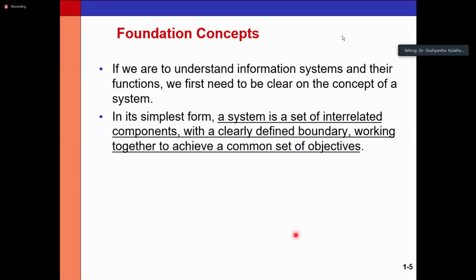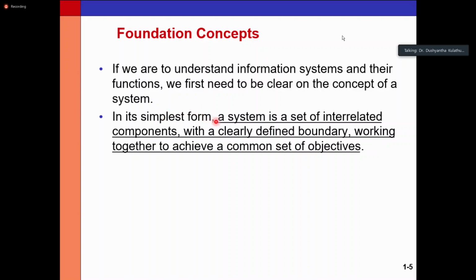Continuing with foundation concepts, if we are to understand information systems and their functions, we first need to be clear on the concept of a system. An information system is also identified as a system, and the term is included there also. So we better have some understanding about what we mean by a system in general, so then we can relate it to information systems.